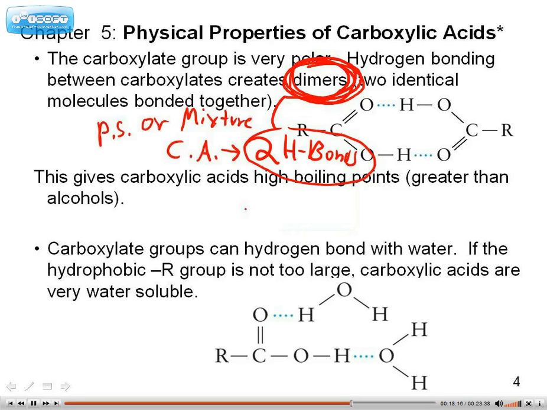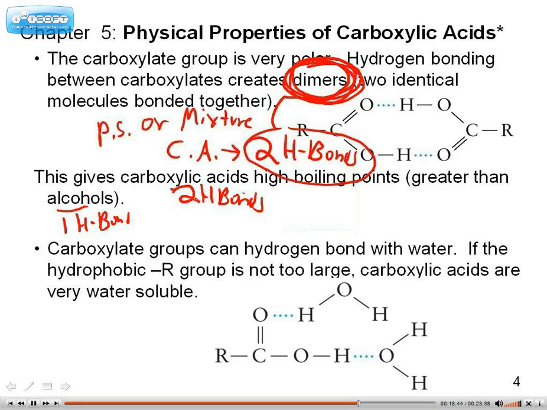Keep in mind, consequently, when it comes to which has stronger intermolecular forces, carboxylic acids have much higher intermolecular forces than alcohols, because carboxylic acids can form 2 hydrogen bonds at a time compared to alcohols, which would form 1 hydrogen bond on average at a time.